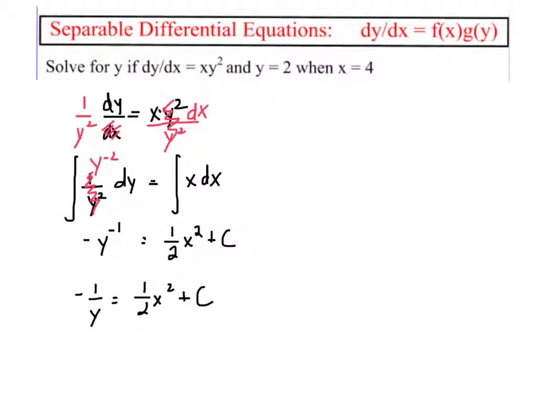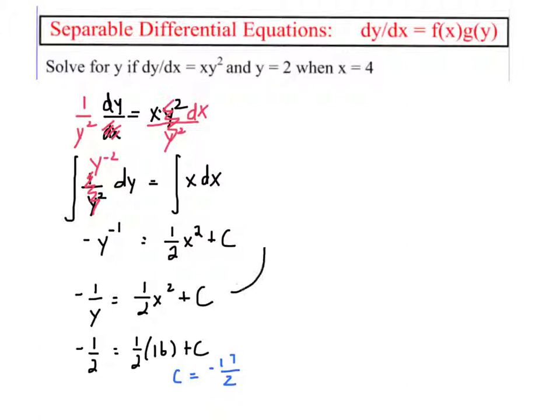We could plug in 2 for y right now and 4 for x and solve for what the constant is. What you'll see here is negative 1/2 equals 8 plus c. The constant is negative 8.5 or negative 17 halves. Okay, so you could have solved for that right now.